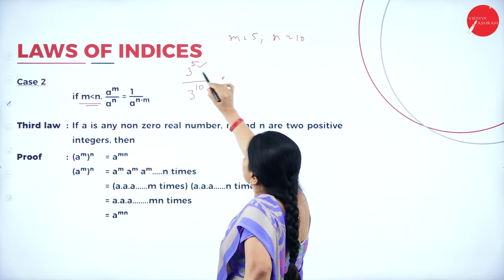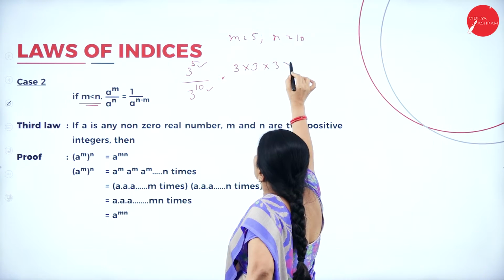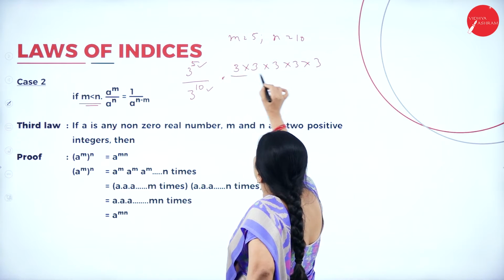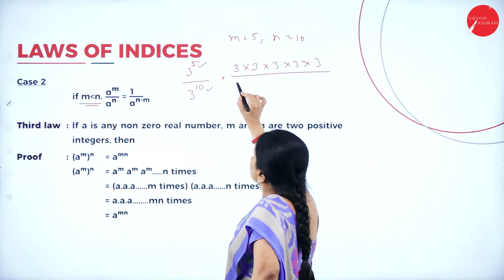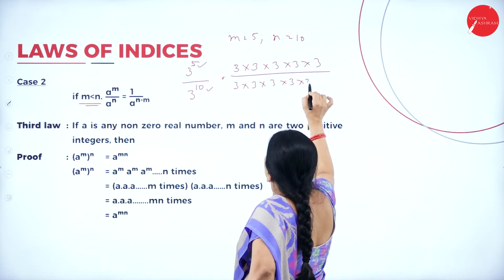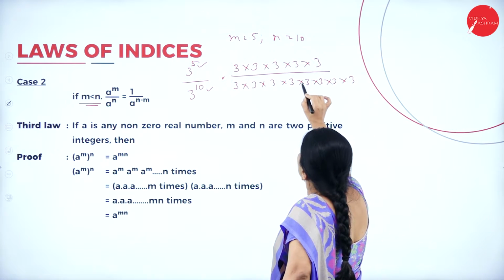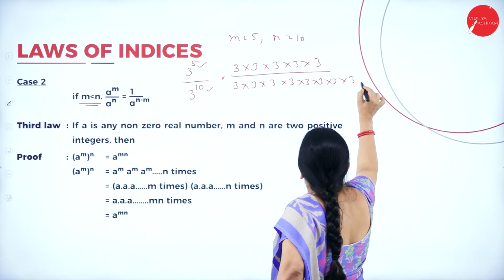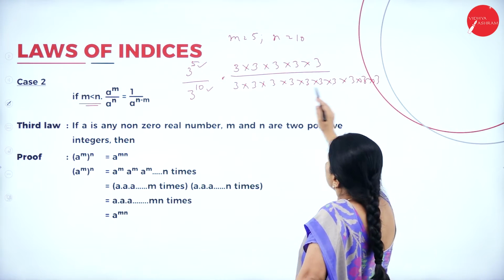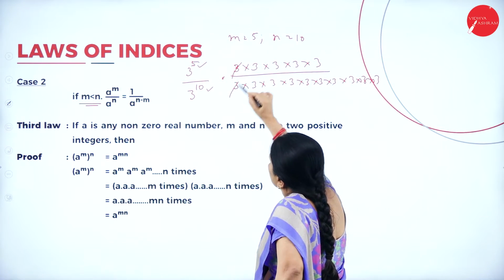Now how will I expand this? 3 into 3 into 3 into 3 into 3. So 5 times I am multiplying this 3, and here I will be multiplying it 10 times. 1, 2, 3, 4, 5, 6, 7, 8, 9, 10. So 10 times I am expanding this 3 to the power 10. Now I'll simplify.